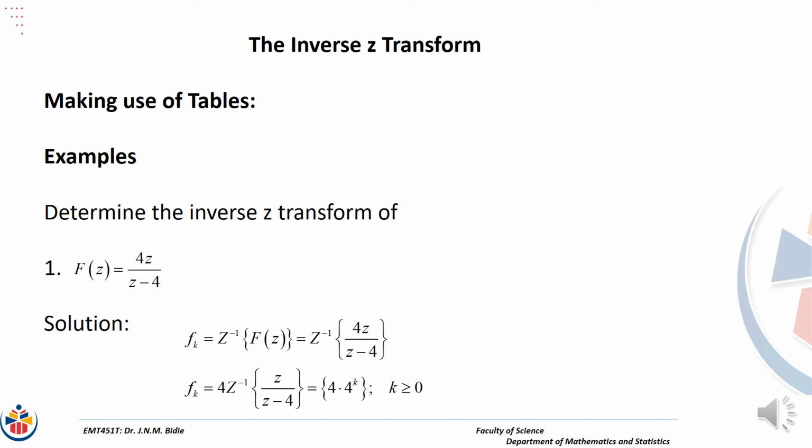That gives us 4 multiplied by 4 to the power k for k greater than or equal to 0. Please make sure that you have the rules or the Z transform tables so that you understand. If it was Z over Z minus 3, we would have 3 to the power k.